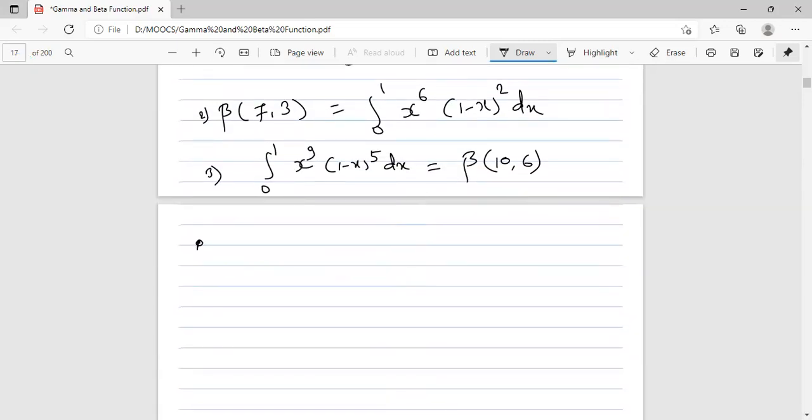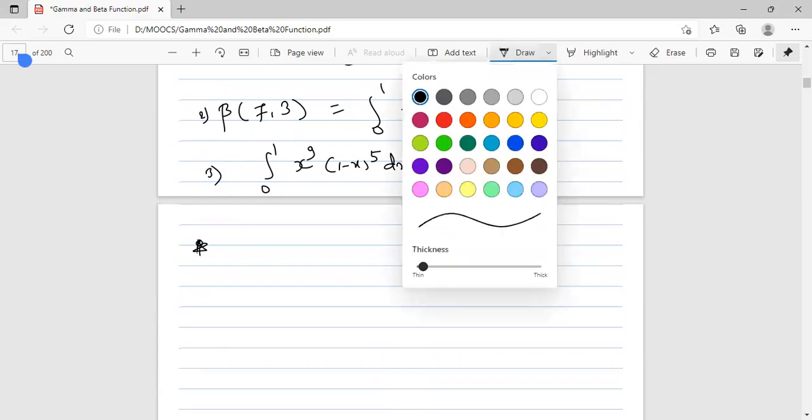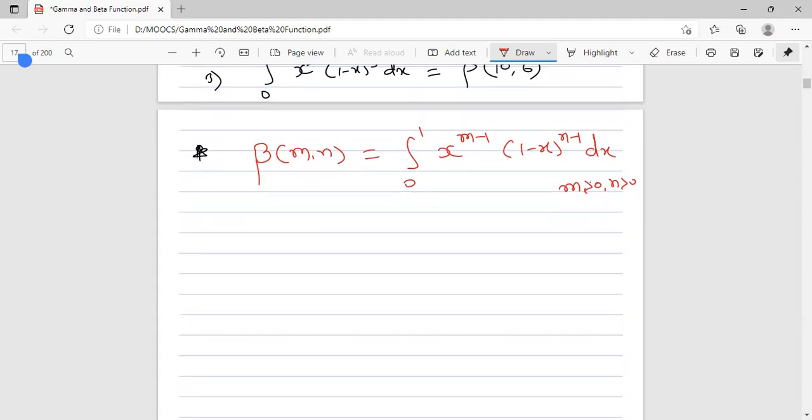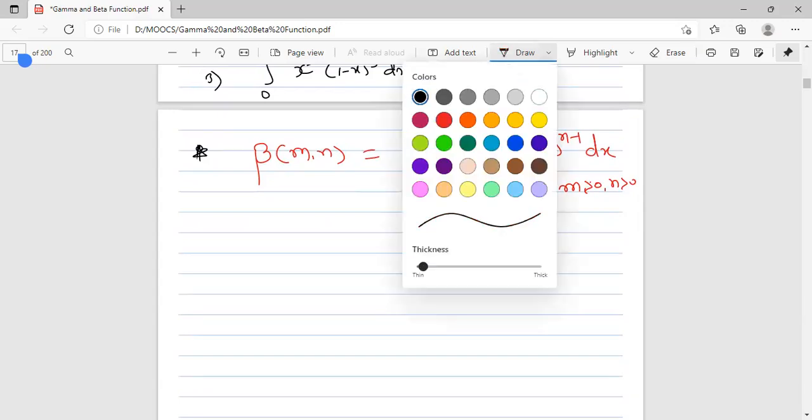Here, I will note down this definition. Beta function, beta of mn is equal to integration 0 to 1 x raised to power m minus 1, 1 minus x raised to power n minus 1 dx, for m greater than 0, n greater than 0.